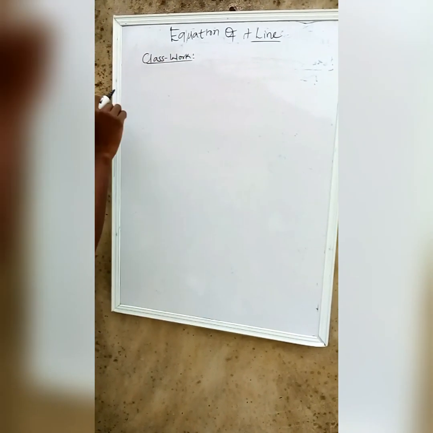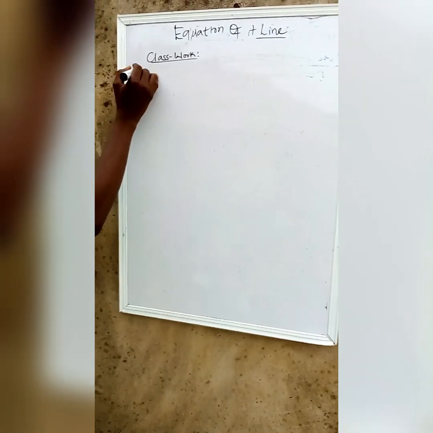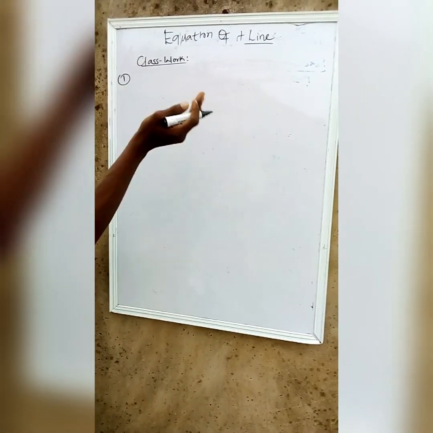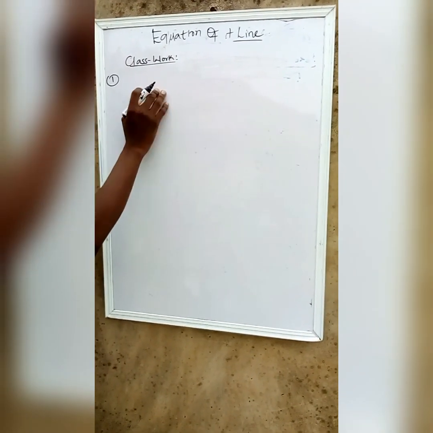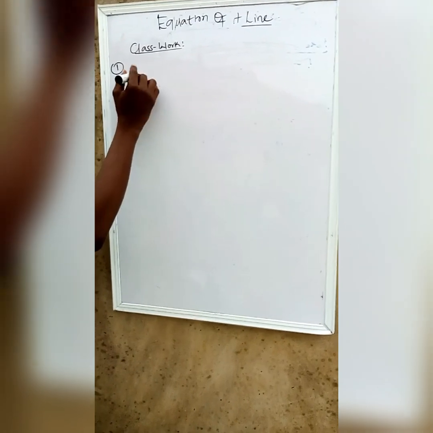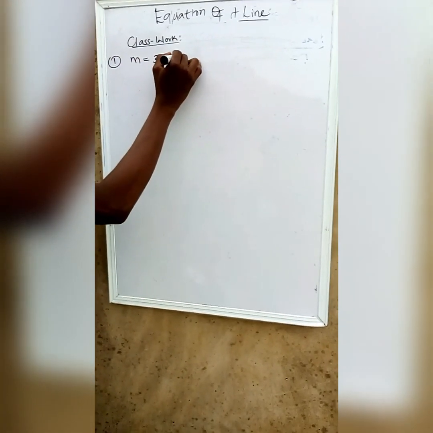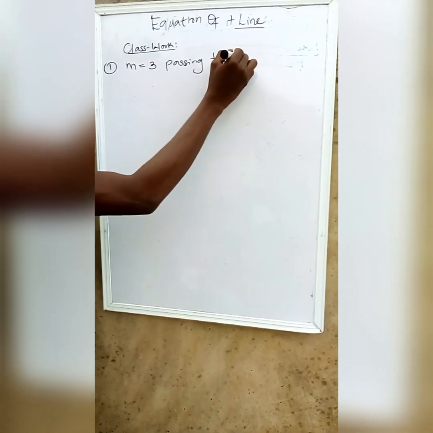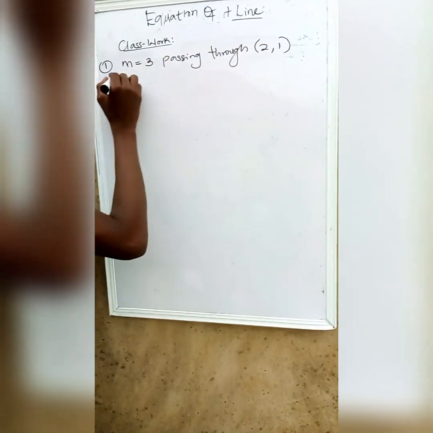So let's take some questions. You practice yourself. Don't forget, you can drop your answer in the comment section. So check the correct one. Find the equation of the following: m is equals to 3, passing through the points 2, 1.